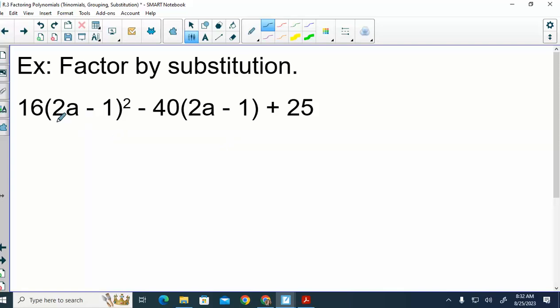You see that it's like a quadratic because we have something squared, that same thing to the first, and then a constant. So what would our u be on this problem? So if we sub that in, what's the problem look like?